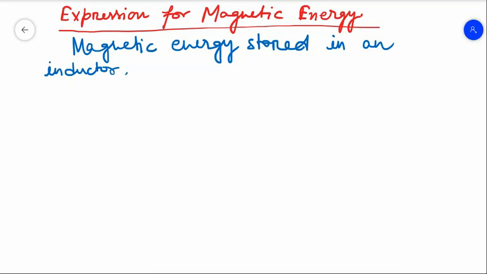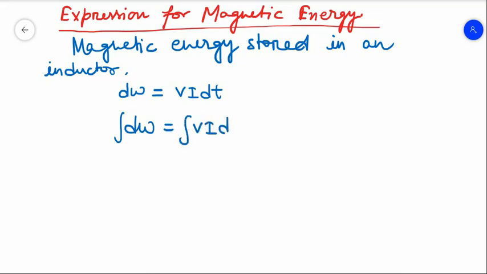Now if we talk about the differential work done or energy, dW can be written as voltage into current into differential time. So dW equals VI dt.